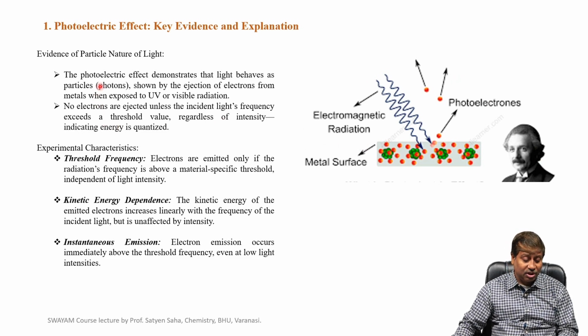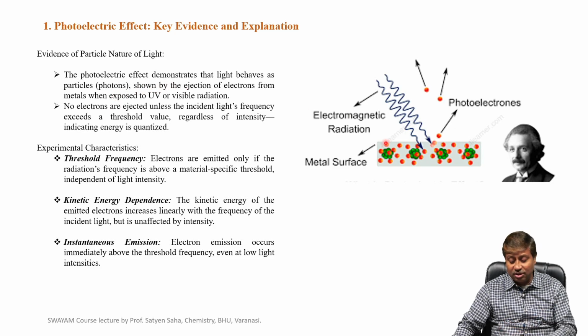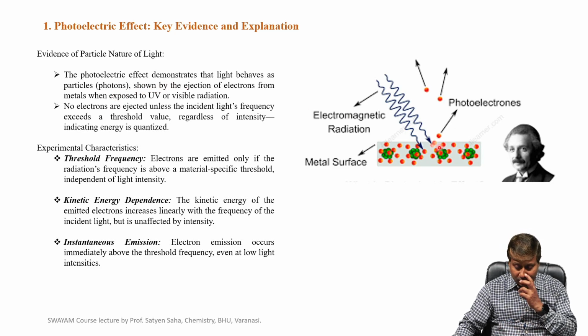What he observed is that the light must behave as a photon, as a particle, to kick out the electron from the surface of the metal, and no electrons are ejected unless the incident light has a sufficiently high frequency, above the threshold value for that metal which holds the electron.